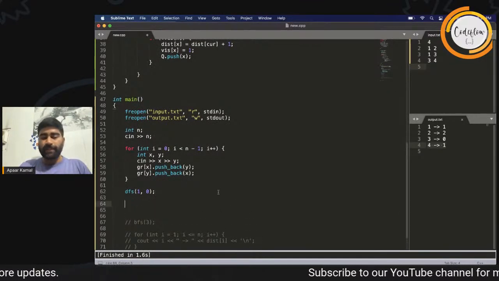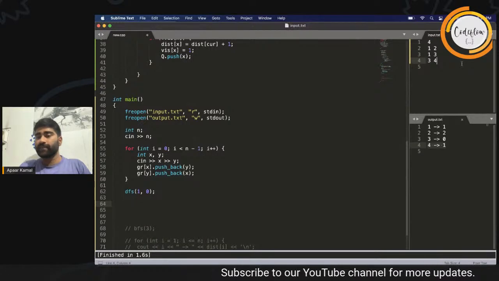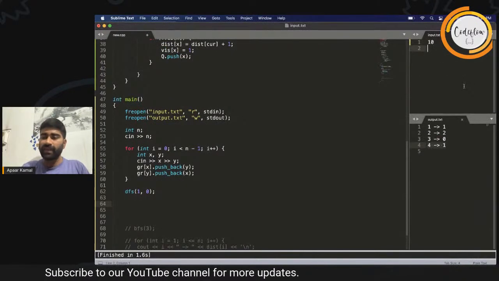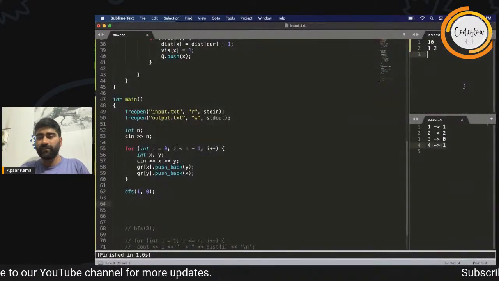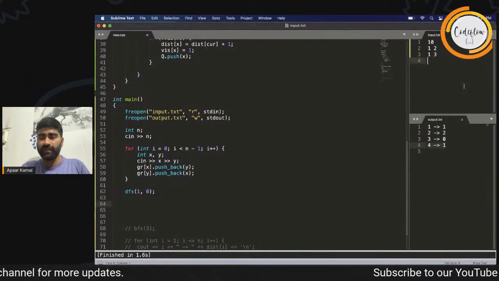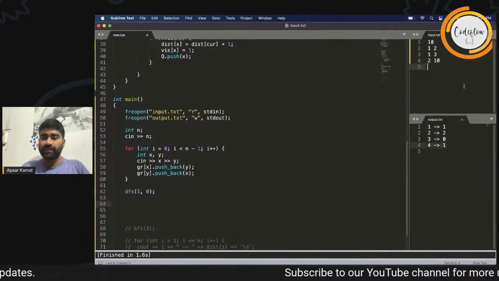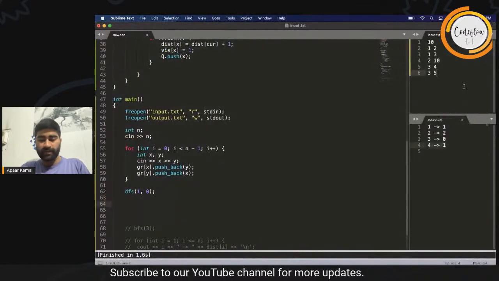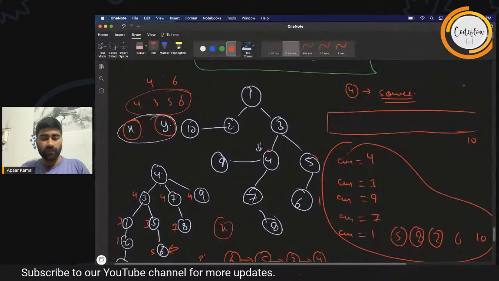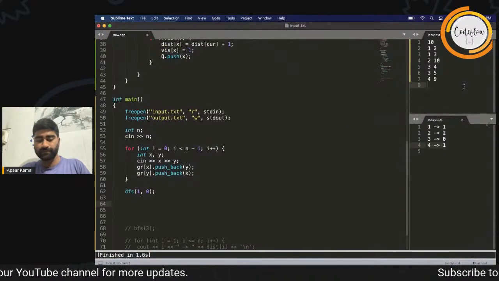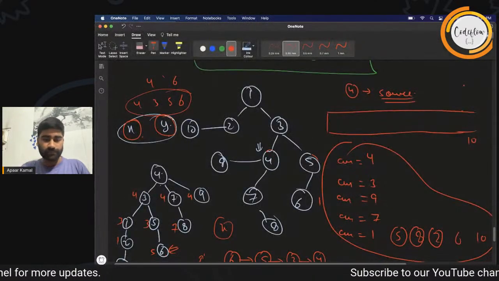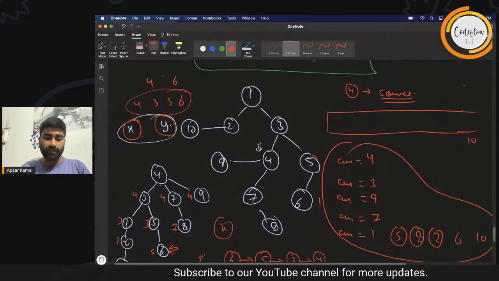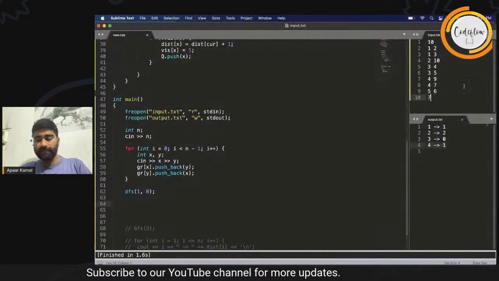Let's print the path. Let's take a big example, let's take this example only. So here we have 10 nodes. The edges are between 1 and 3, 2 and 10, 3 and 4, 3 and 5, 4 and 9, 4 and 7, 5 and 6, 7 and 8.